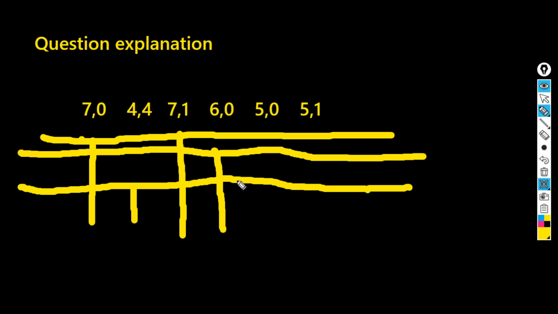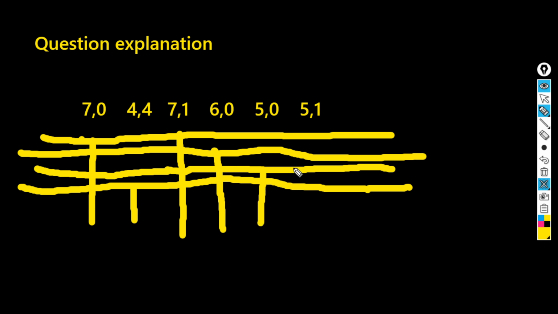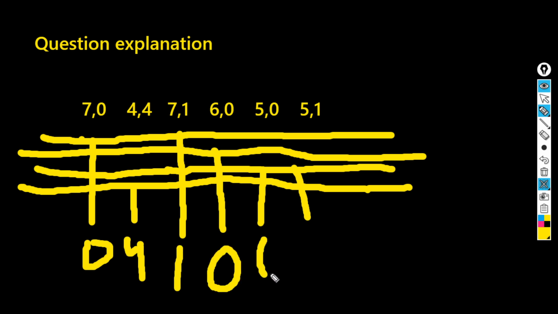Now we have 5. Here 5 and here again 5. Now we will check the indexes: 0, 4, 1, 0, 0 and 1.